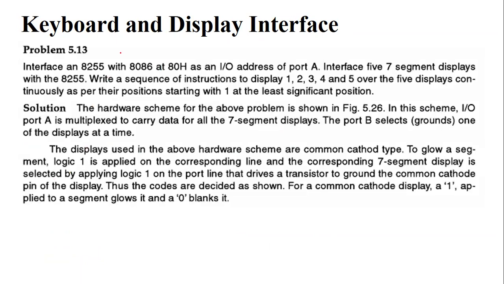At the same time, using this 8255 we are going to interface the display. They give the CWR address at 80H, but how do we initialize the 8255 PPI CWR, with port A as the output port, to interface the 7 segment display?